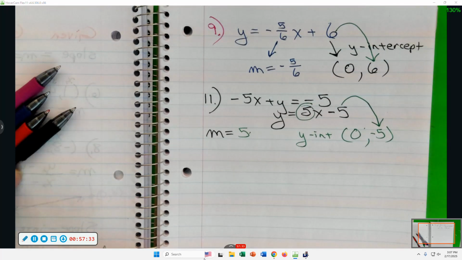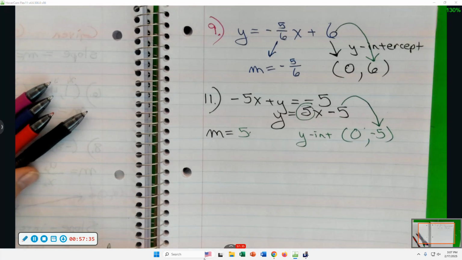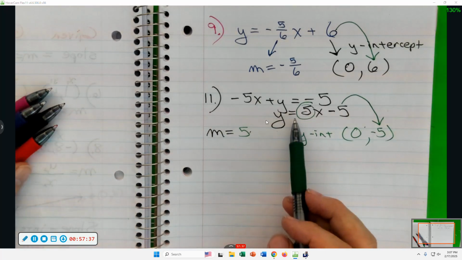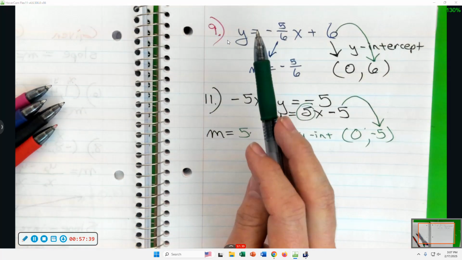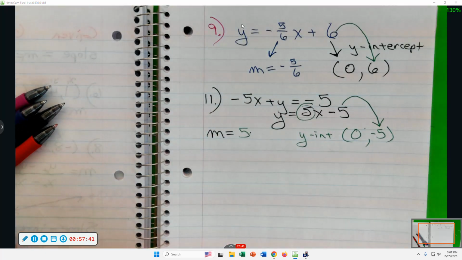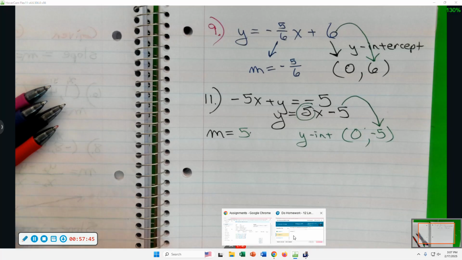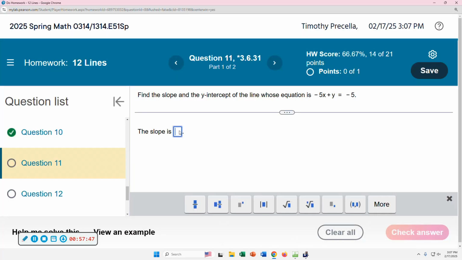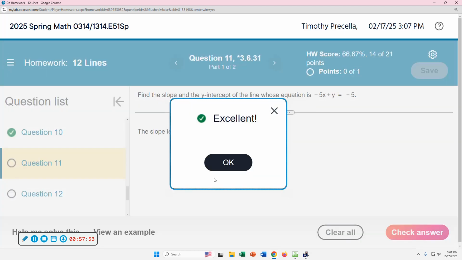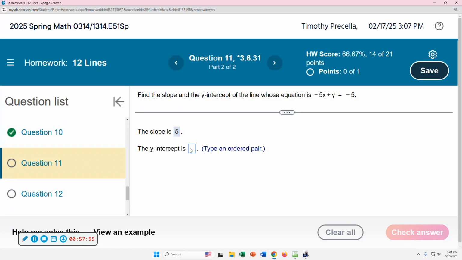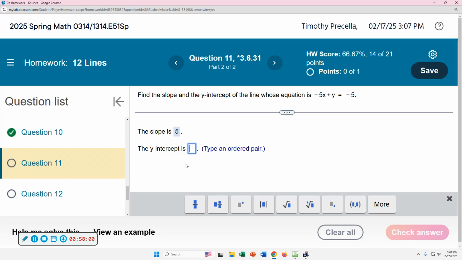So it's that classic problem-solving approach. You took number 11 and made it look like number 9. Get that y by itself. So let me punch in that. The slope is 5. And the y-intercept, once again, they say type an ordered pair, but they're not giving you the parentheses and 0 comma.